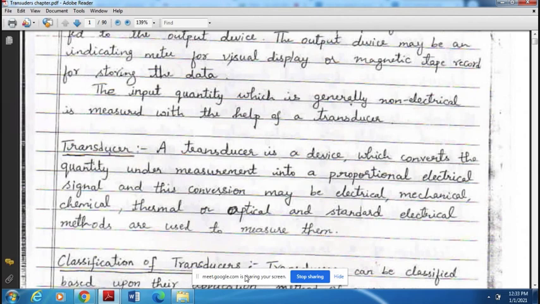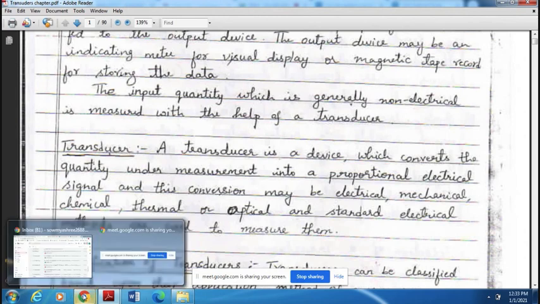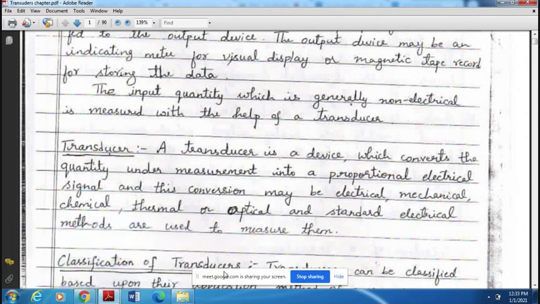Yes. Ma'am, in active elements, they don't need electrical energy or electrical supply. I didn't get you, can you repeat? Electrical energy is required for them. Okay, they are self-generating.